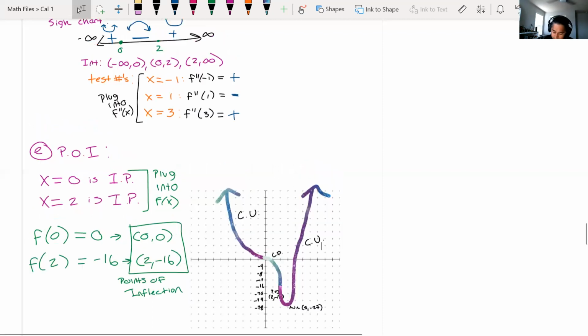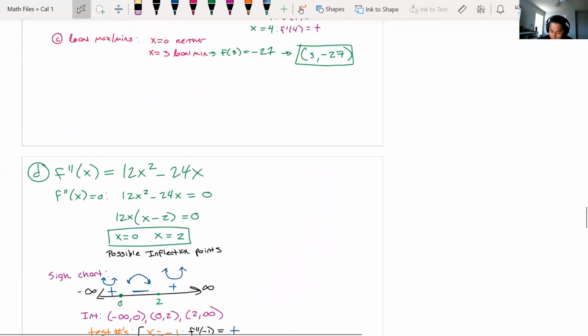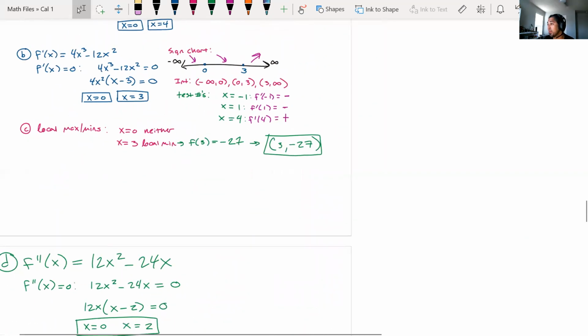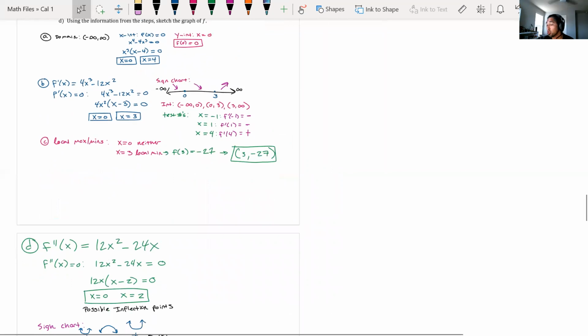All right. To show you how the second derivative test works, again, the second derivative test will just avoid a sign chart on the first derivative. So here we have the second derivative.